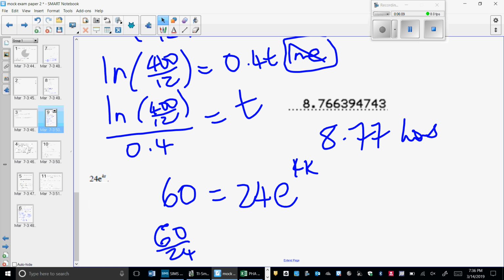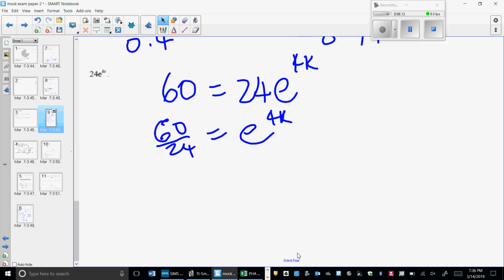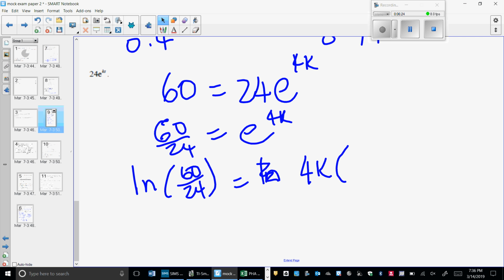So we should get rid of the 24 first and take logs again. Do you know what? I'm going to do that straight away.